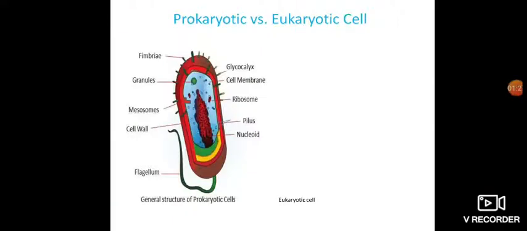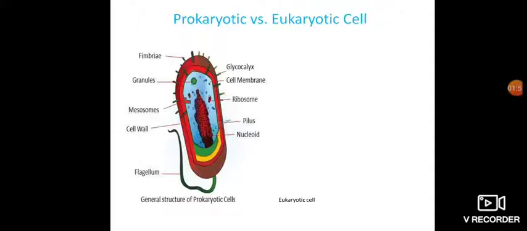The first basic point is the prokaryotic cell, which is considered the general structure of a prokaryotic cell. From the downward side, first and very important, is the flagellum. It is a tail-like structure attached to the whole body of the prokaryotic cell. On the left-hand side, there are the nucleoid, ribosome, and cell membrane.